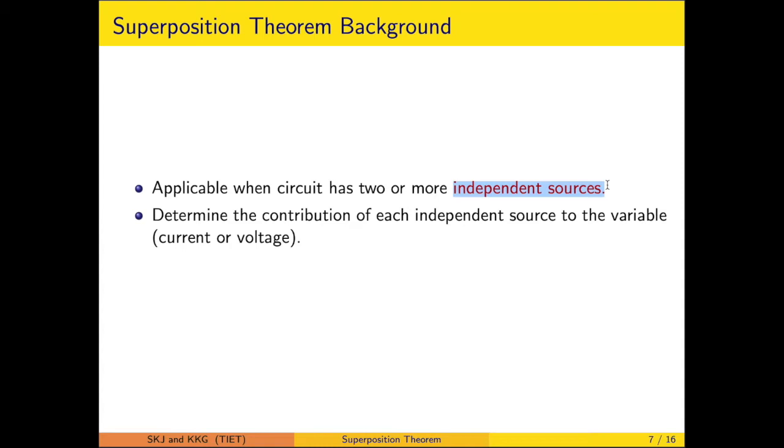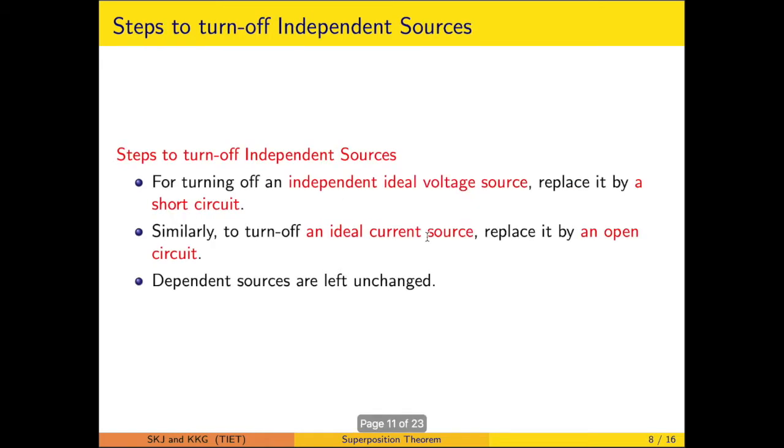When the contribution of an individual source is to be counted, we have to consider the independent sources one by one, and the other sources have to be turned off, or made ineffective.